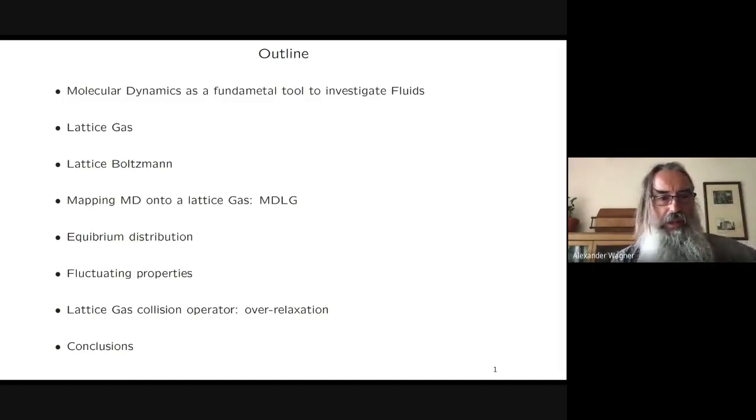And that, of course, has noise. And then people went on to Lattice Boltzmann. Now, here we're trying to go the other way around. If you have a lattice gas, the question is, can you have a lattice gas that's actually just a coarse graining of an MD simulation?